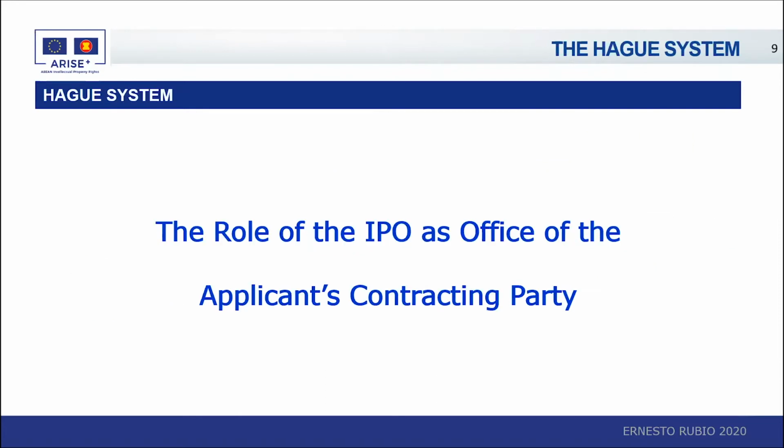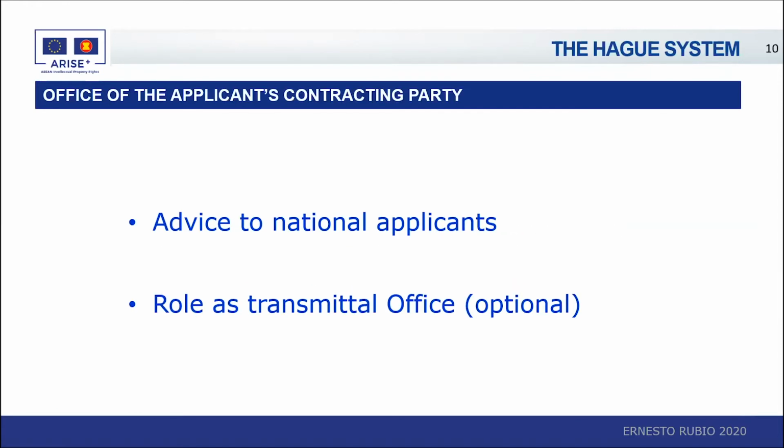We will now see the role that your office should play with respect to industrial designs international applications that are originating in your country. That is the role of your office as the office of the applicant's contracting party. In principle, there are two functions that should be considered.